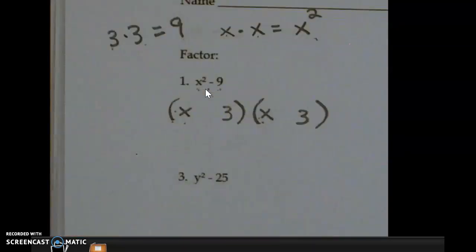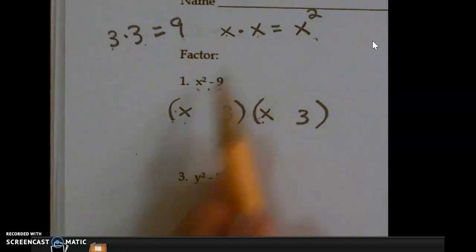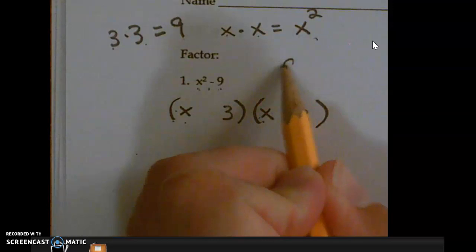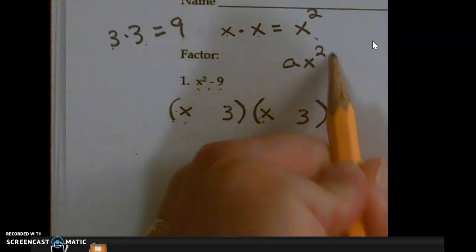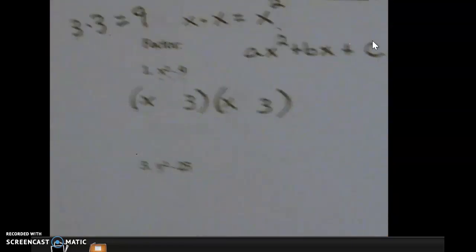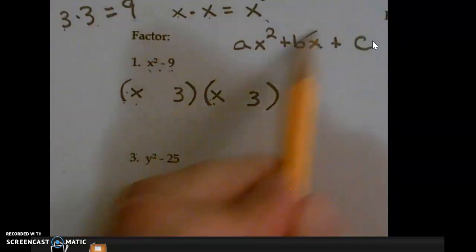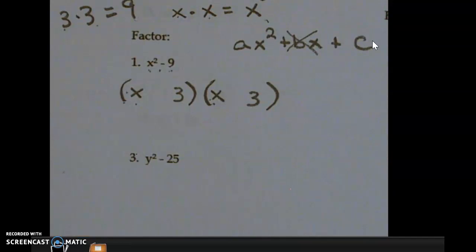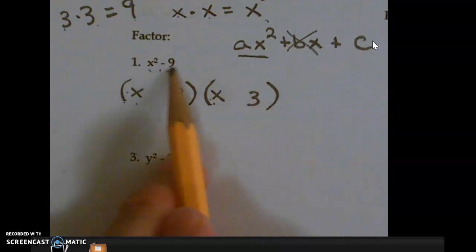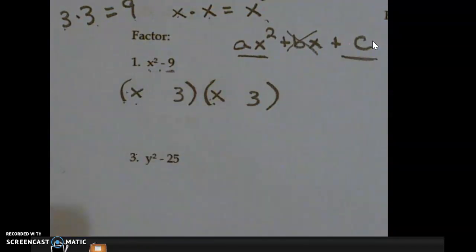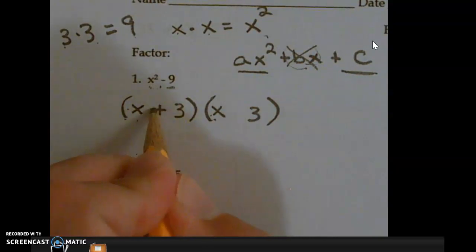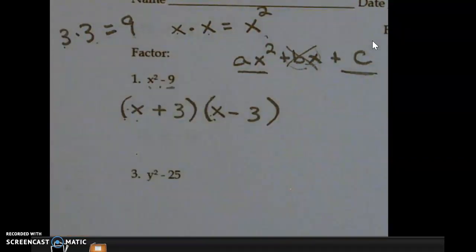Now, notice with this quadratic, there's no middle term. If you'll recall, a quadratic equation in standard form looks like this. But there's no middle term. There's just a first term and a constant. Okay, so to get rid of the middle term, one of these has to be plus and the other one has to be minus.